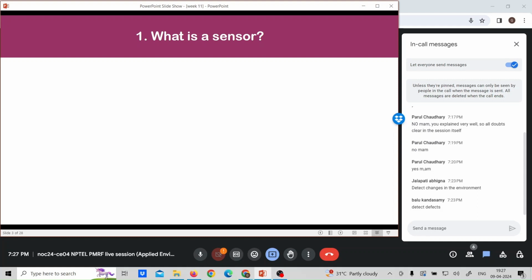We also have qualitative, but we also go for quantitative analysis using a sensor. Sensors are widely used in various fields, various places. Can you give a few examples of sensors? Not only related to biology or environment, in general, you can give.